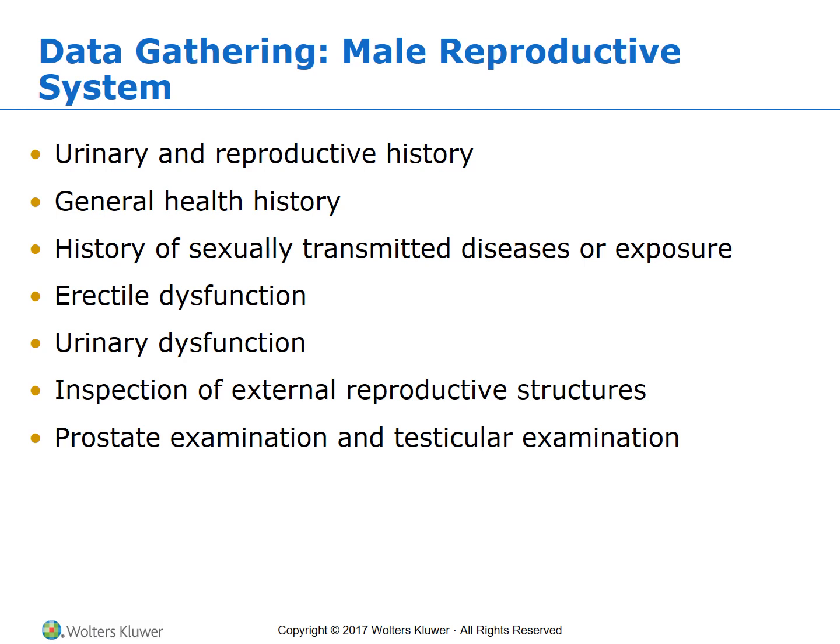So if you have a client that is going to be undergoing any surgical procedures, you want to provide pre and post-op care and teaching for these clients, and you want to address any emotional aspects that may accompany reproductive disorders.